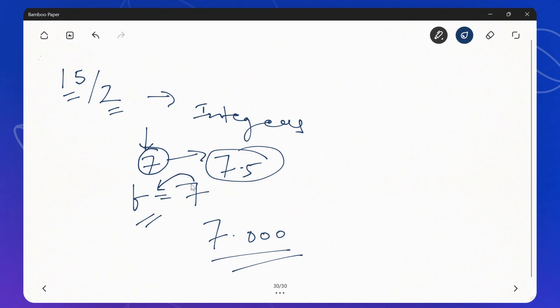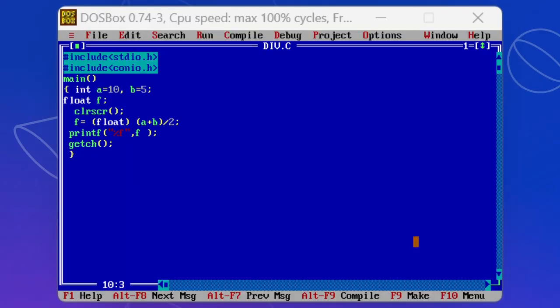Now, another program which we will be making now is much more interesting. Look at that program and try to guess the answer. Now, look at this program. We have made a small change in the previous program, a plus b divided by 2, but in the expression where this division is taking place, if you see, we have written a float typecasting over here, explicit conversion.